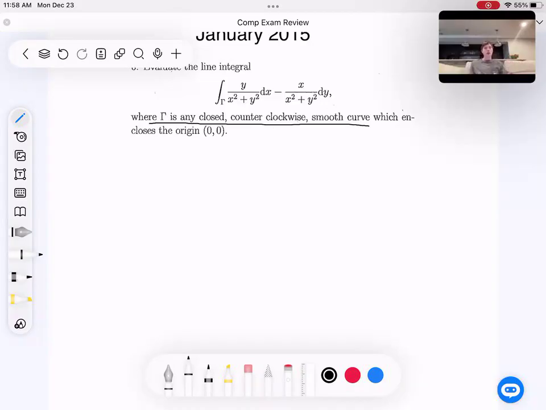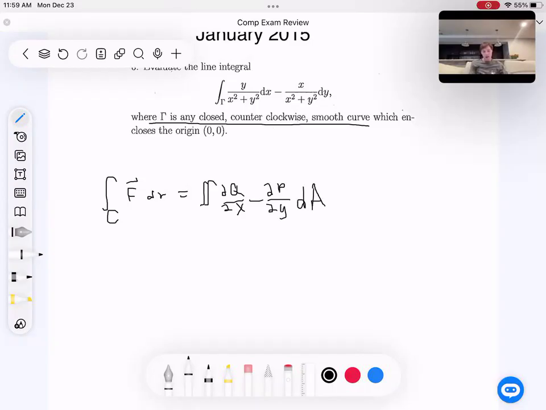Green's theorem states that essentially if we have a curve C that is closed, simple and connected, and we know that our vector field is continuous everywhere throughout the curve or inside the curve, then we can turn this into a double integral of, I believe, partial Q over partial x minus partial P over partial y dA.